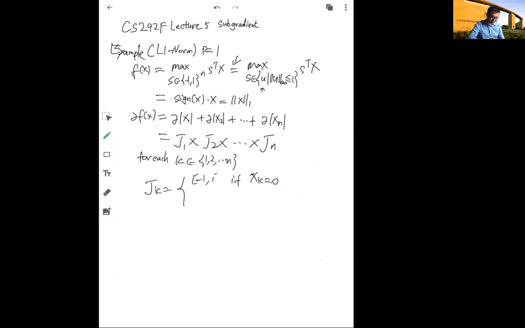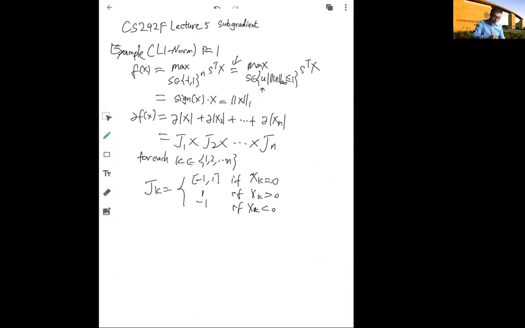We can set it to be anything. If xk is positive, then we can basically drop the absolute value and it becomes differentiable, and the subgradient is the same as the gradient, which gives us 1. And if xk is negative, then similarly we get -1.